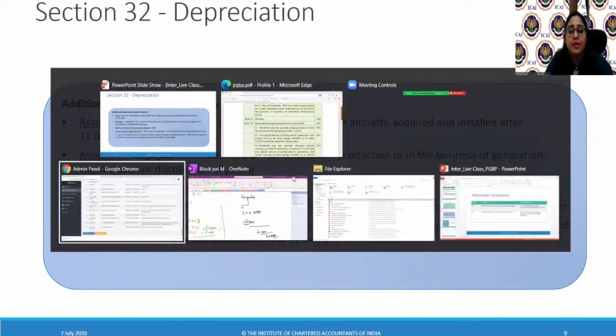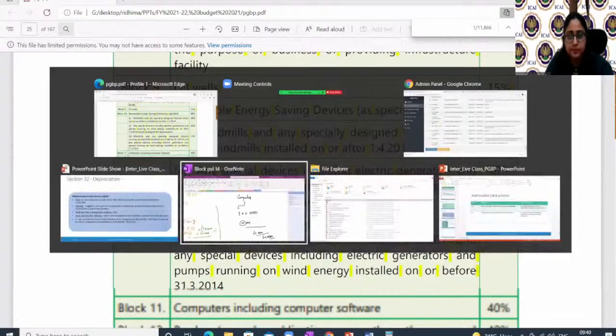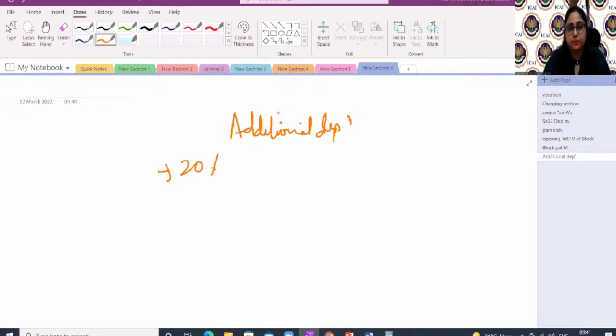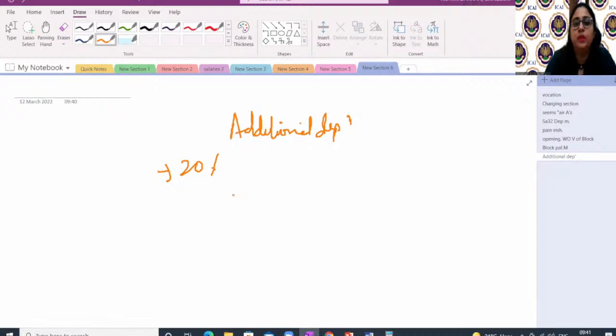Even if in your plant and machinery the depreciation rate is 15%, additional depreciation has a flat rate, which is 20%.